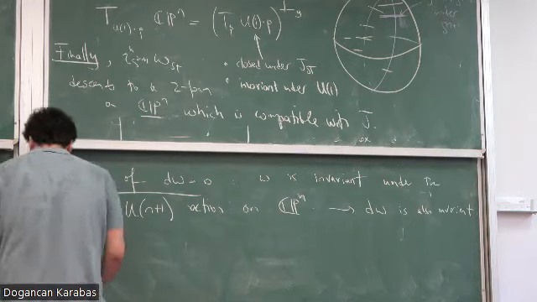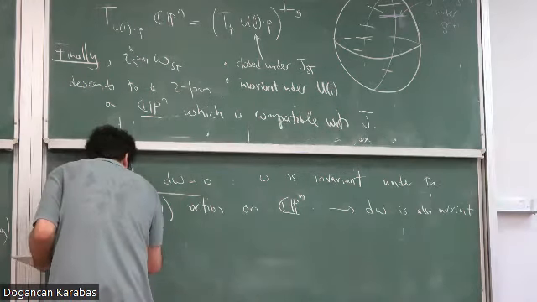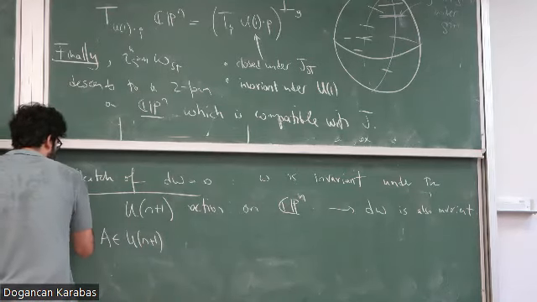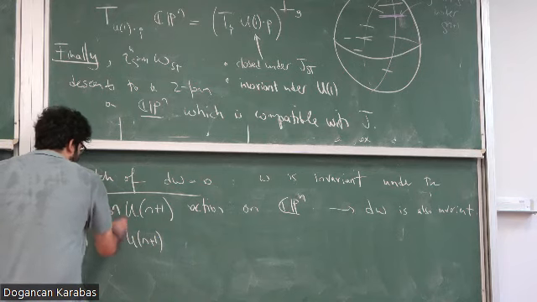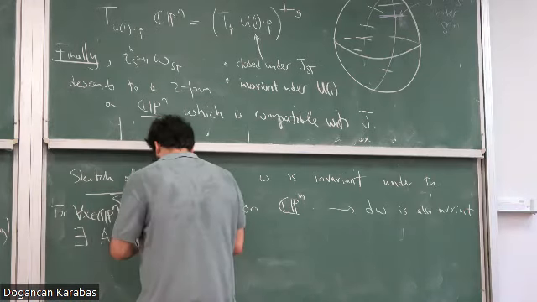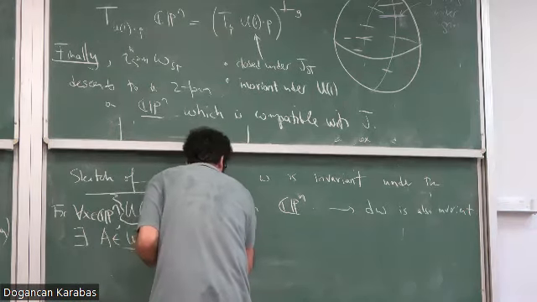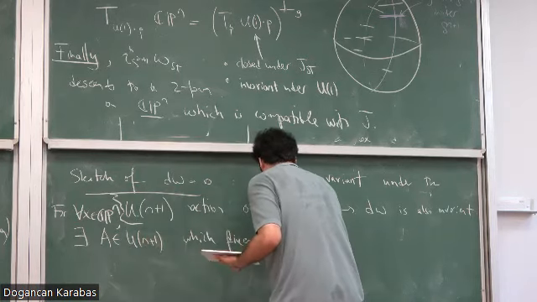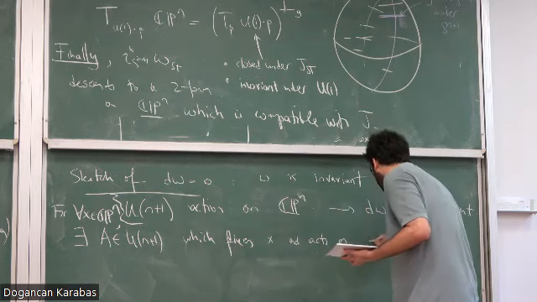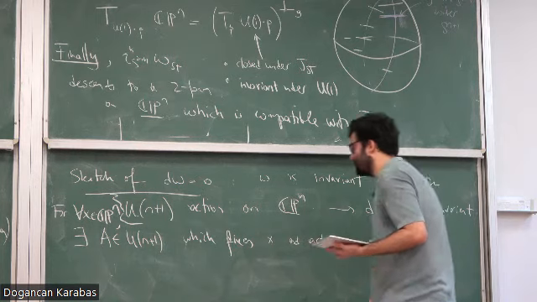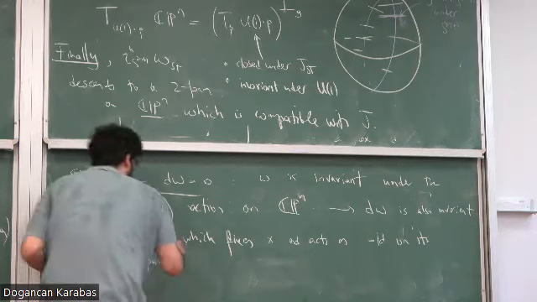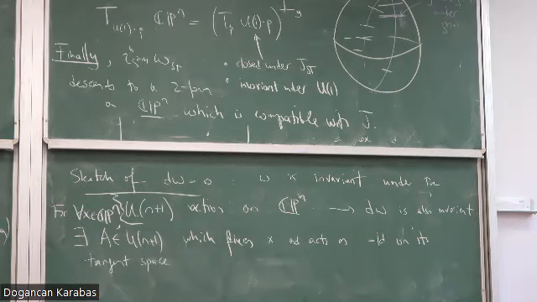And then here's the key point. There exists an element of U_{N+1}. So for every x inside my CP^N, there exists an element A which fixes x and acts as minus identity on its tangent space. Okay, you can find such an A. It's an exercise.